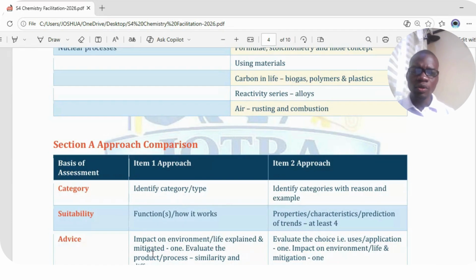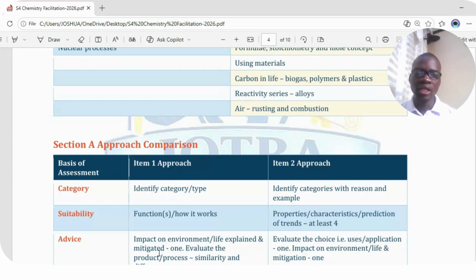Then advice, what are you supposed to tell us when they talk about advice in this part? In item 1, when they ask for advice on how to handle this, this is how you're supposed to handle the question. Always give us the impact of the product they are talking about on the environment or life, then explain it very well. After explaining it, give us the mitigation measure or the solution for that challenge.